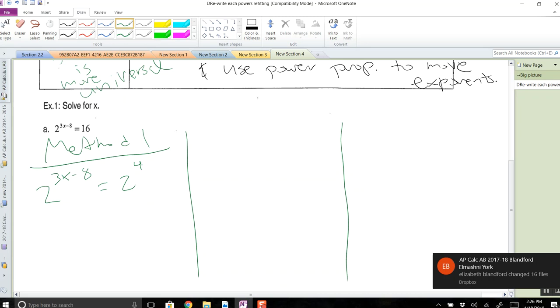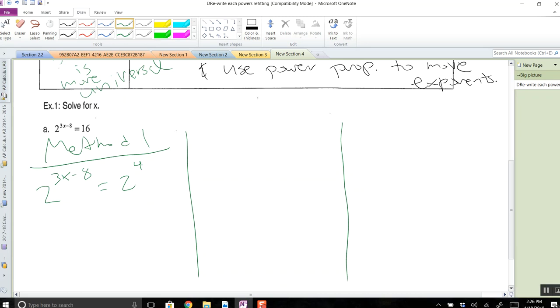There is a power, but it's going to be weird. It's going to be 2 to 3 point whatever. That's hard to do mentally. This is a little easy. 16 is 2 to the power 4, very nicely. So because these are the same, those are the same. So 3x minus 8 equals 4. What's x going to equal? Good, 4. That's pretty simple. That's just method 1.